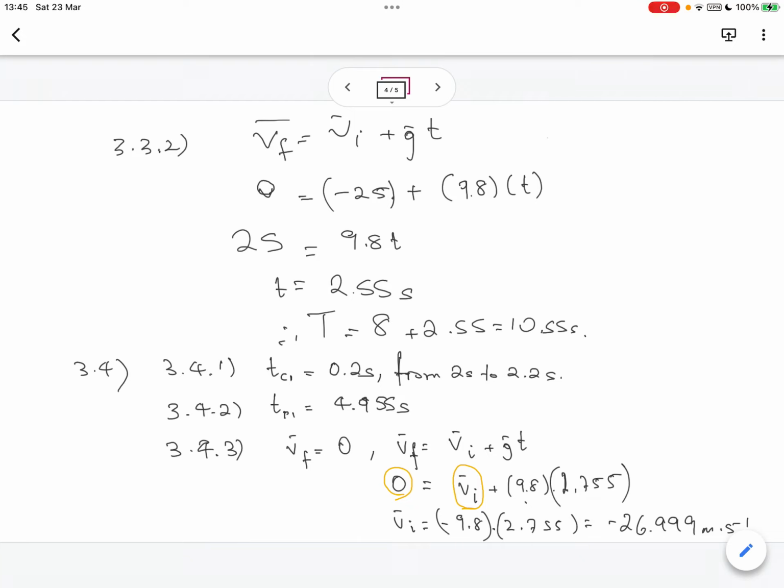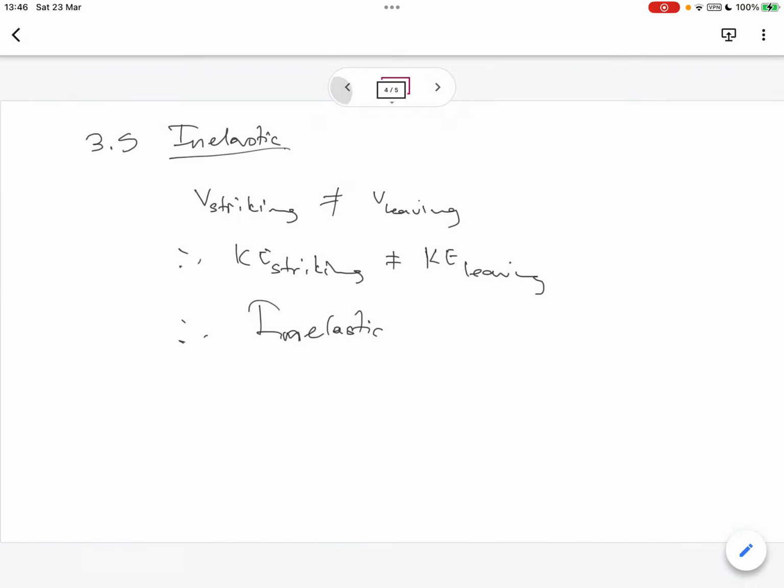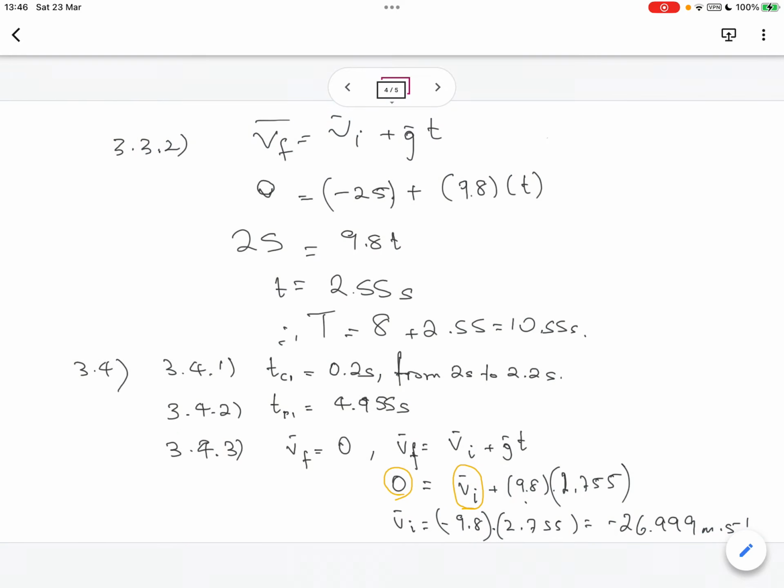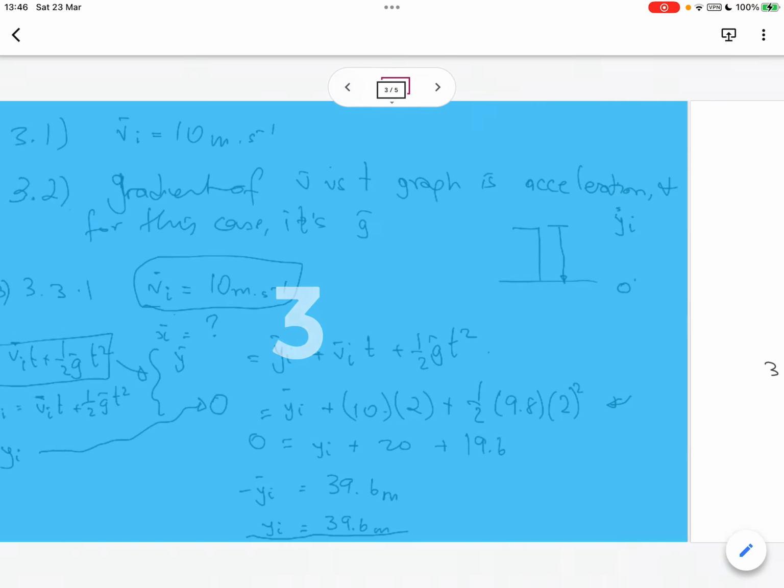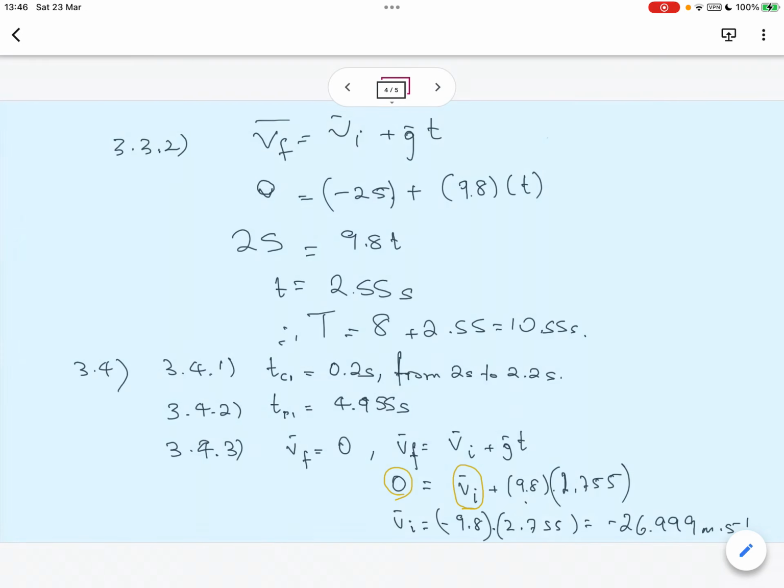Wasn't she talking about this answer? I think that answer is the one that's different. No, it's because the first time when we calculated the other t, we got 2.55 seconds. So we needed to add it to the 8 seconds to get what time will be at t. And then the second time, 0.2 seconds is there.